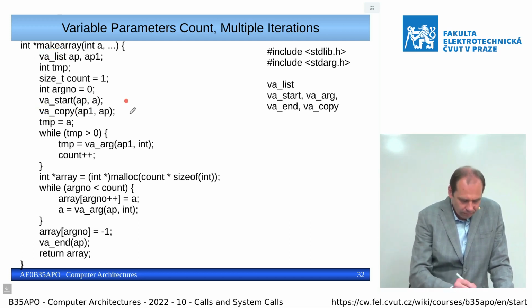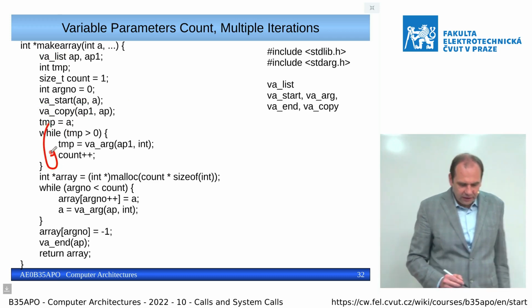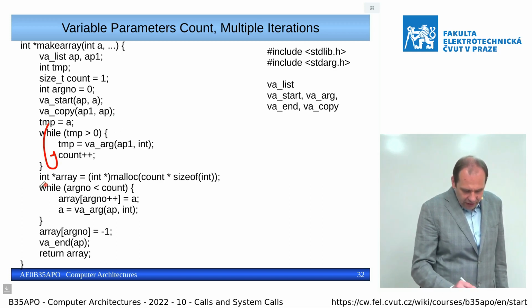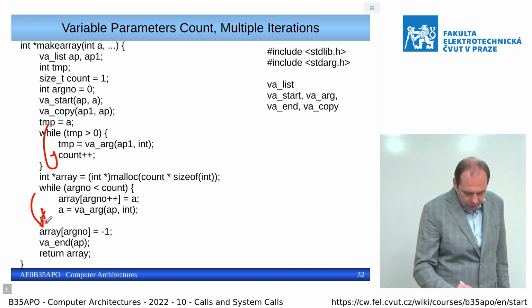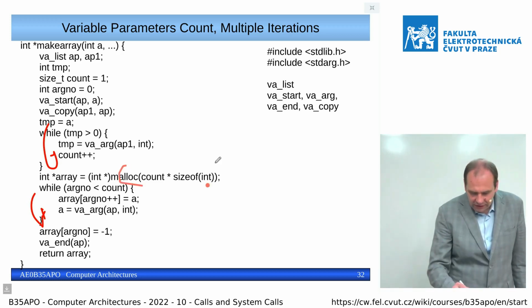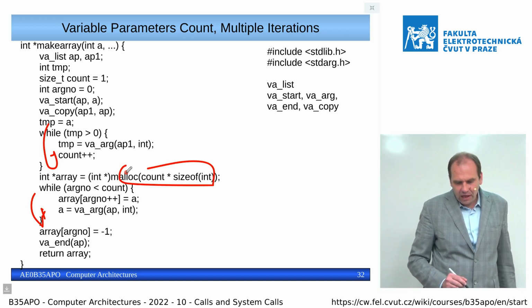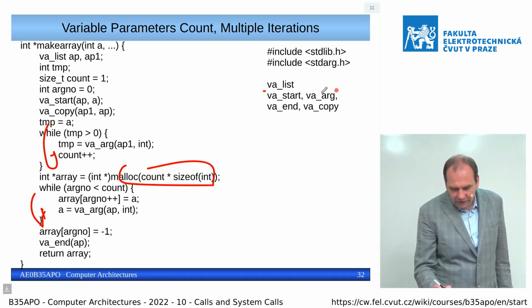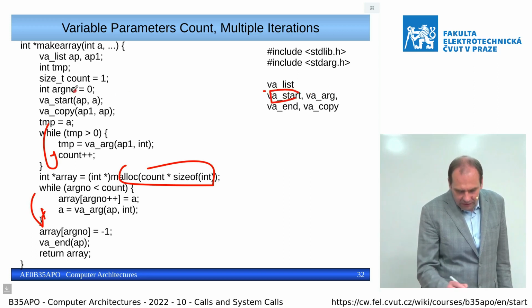Then you can iterate through the array the first time, and then iterate the second time through the second argument pointer, and in this case you allocate the correct amount of memory. So be careful, you should know that you need to start the first.